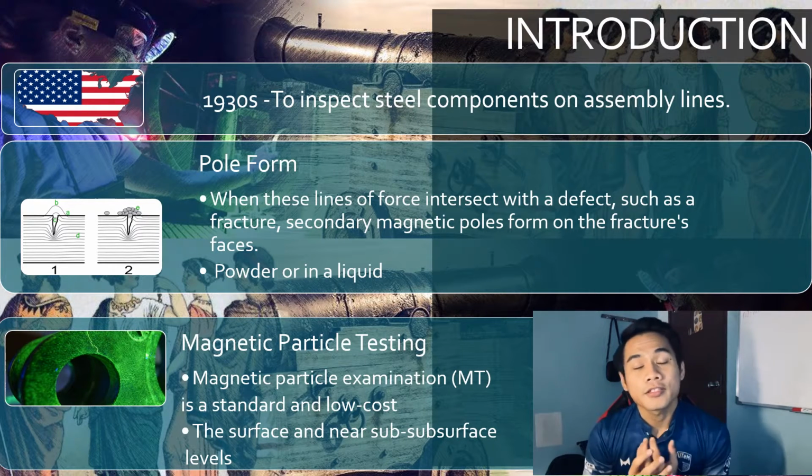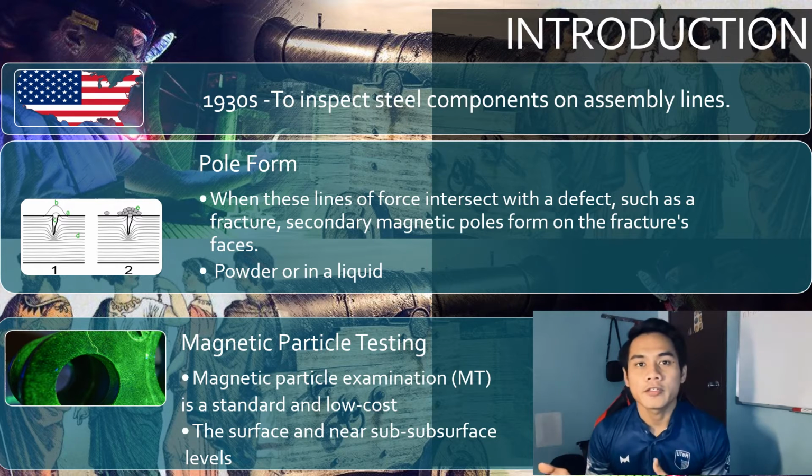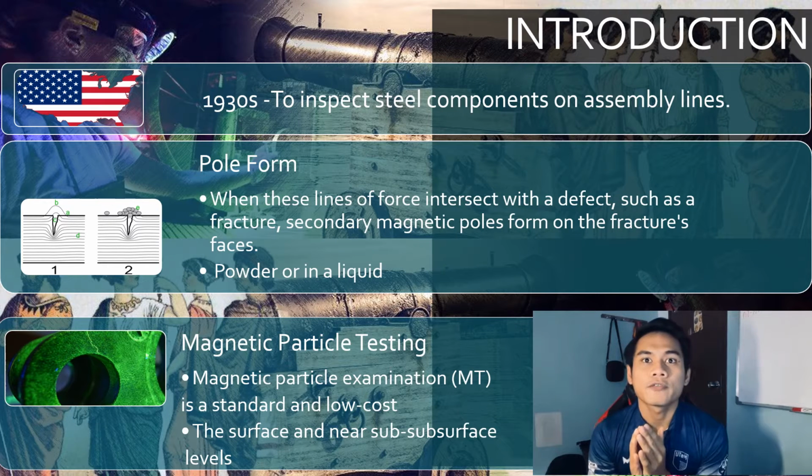In the 1930s, the magnetic particle test was developed in the United States to inspect steel components on assembly lines. The approach is based on the premise of magnetizing the specimen, creating magnetic lines of force, or flux, in the material. When the lines of force intersect with defects such as fractures, secondary magnetic poles form on the fracture faces.